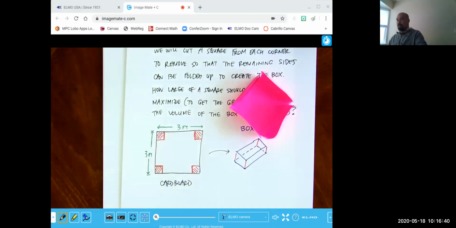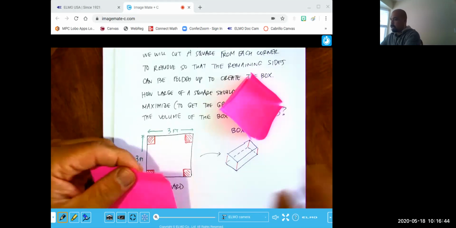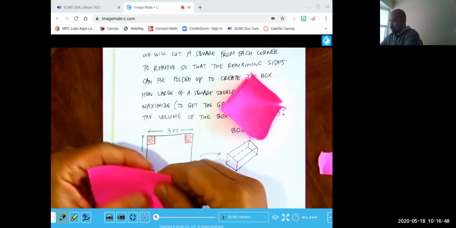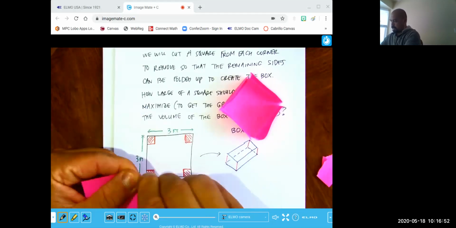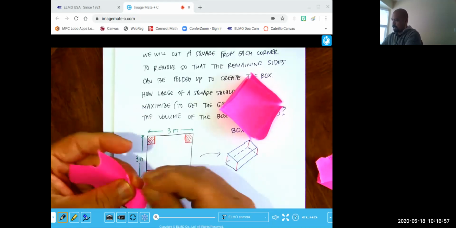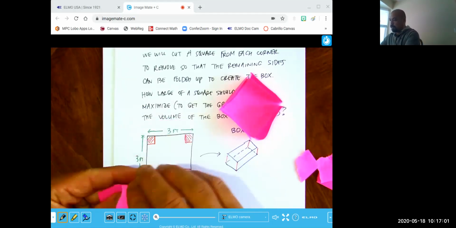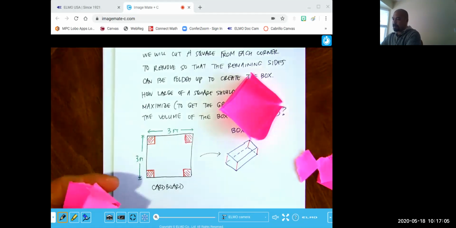Depending on how much we choose to remove from those 4 corners, we can take out bigger chunks, fold that up, and now have another box.